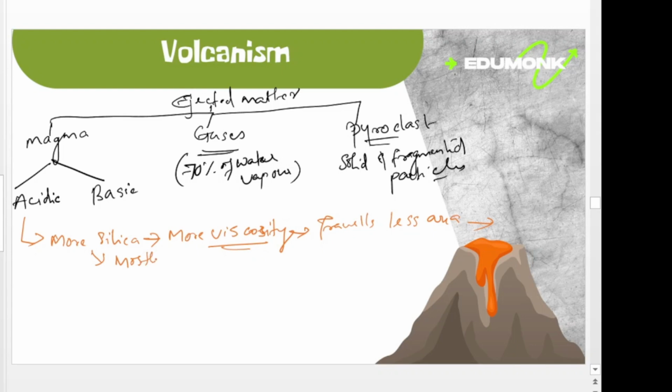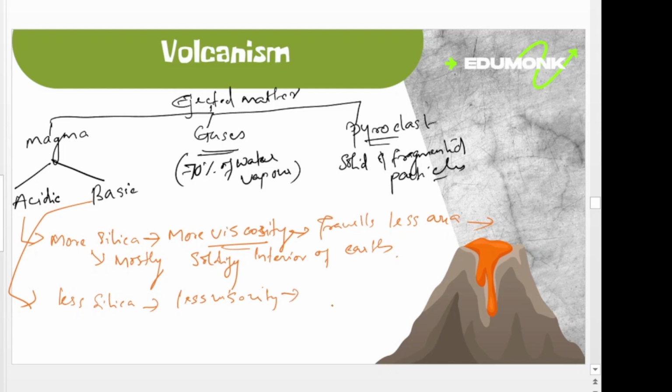Mostly solidify in the interior of earth. But in the basic magma, which contains less silica, it has less viscosity, so it travels or flows more.